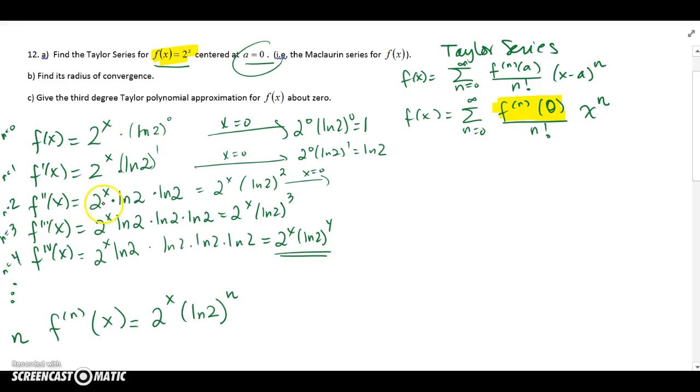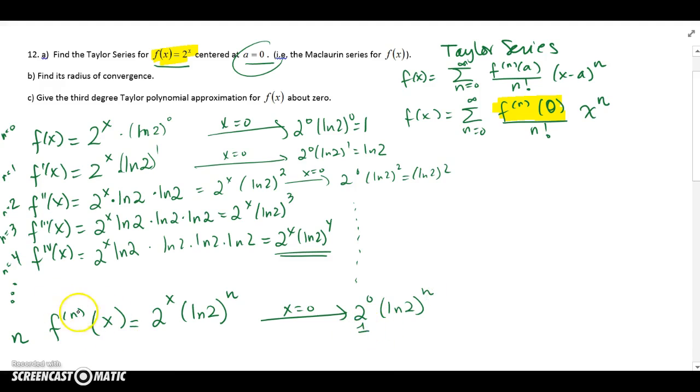When x is equal to 0, I have 2 to the 0, ln of 2 to the 2, which is just ln of 2 to the 2. I could put it for each one, or might as well just put it in the general one I found. When x is equal to 0, or the center is 0, I have 2 to the 0, ln of 2 to the n, and 2 to the 0 is just 1.